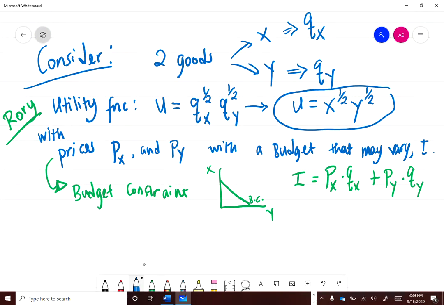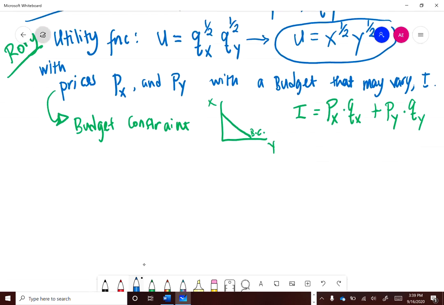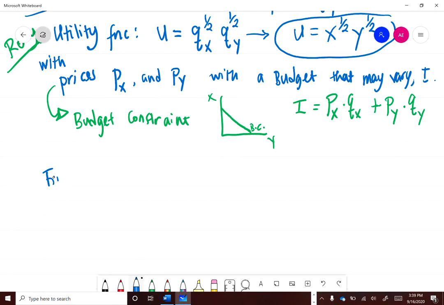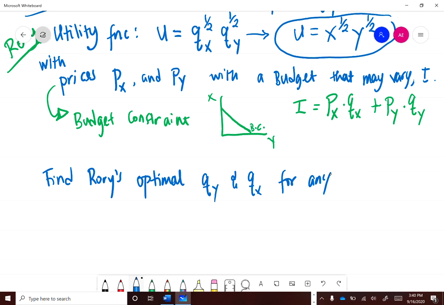Now this is all of our pertinent information. With this, we need to find Rory's optimal QY and QX for any given price of X, price of Y, and income.